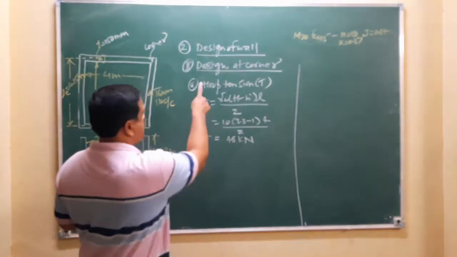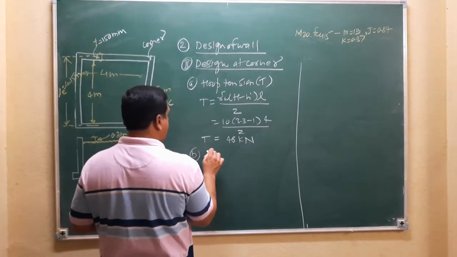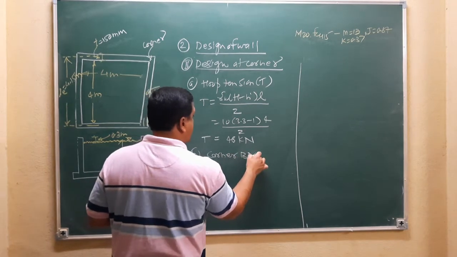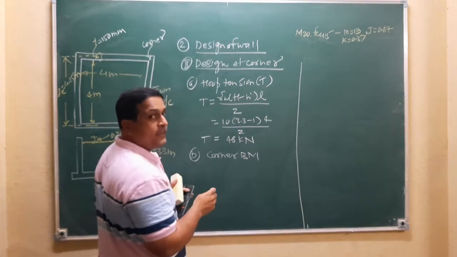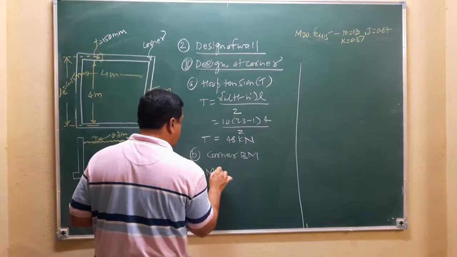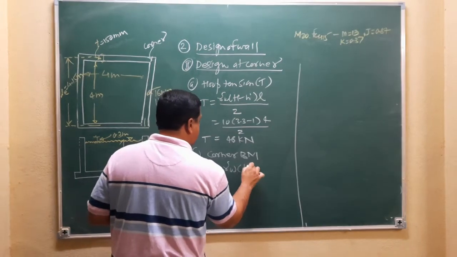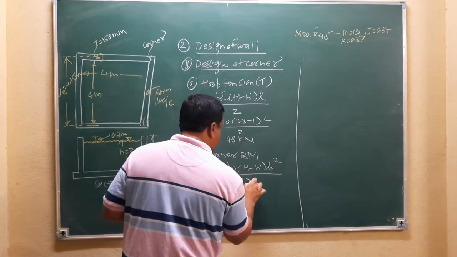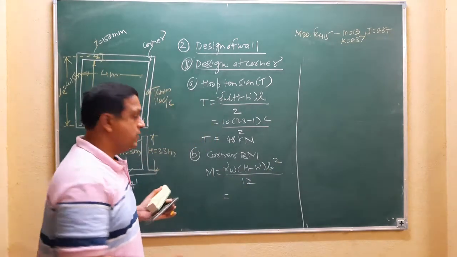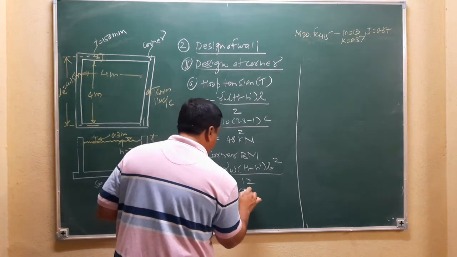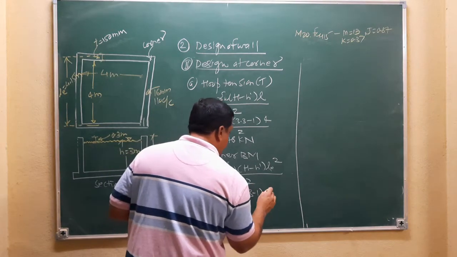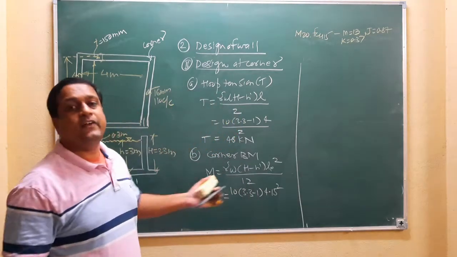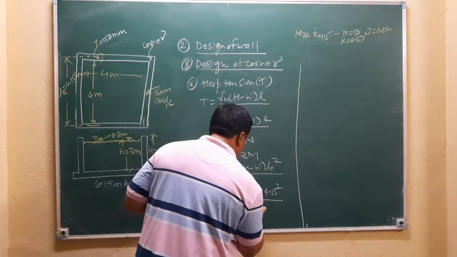Same step. B. Corner bending moment, because we are going to design the wall at corner. So bending moment M is equal to gamma W H minus L dash, L effective square divided by now 12. So gamma W is 10, 3.3 minus 1 into 10 into 4.15 square, because L effective you have to use, divided by 12.